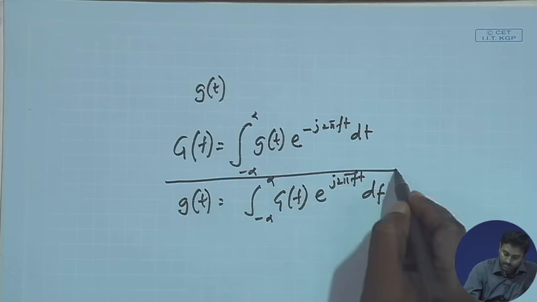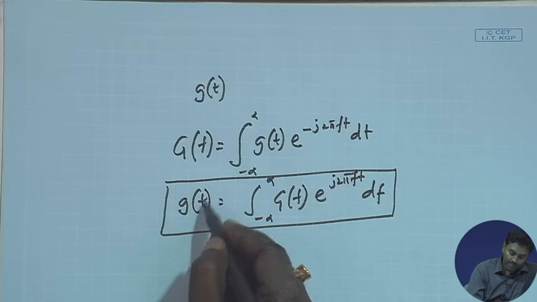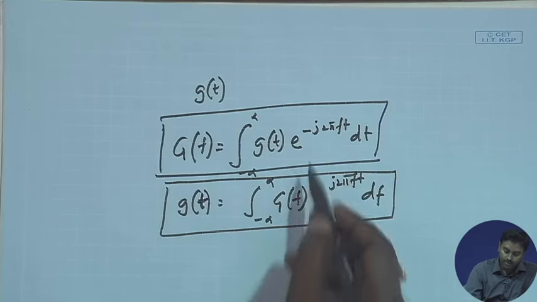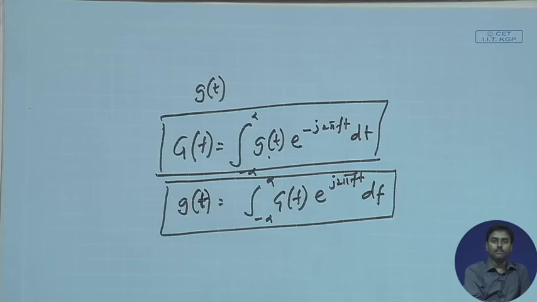So, in frequency integration, we get back our time domain signal. This is the time integration, from the time signal we get the frequency representation of it. Okay. So, this is something we have now identified.